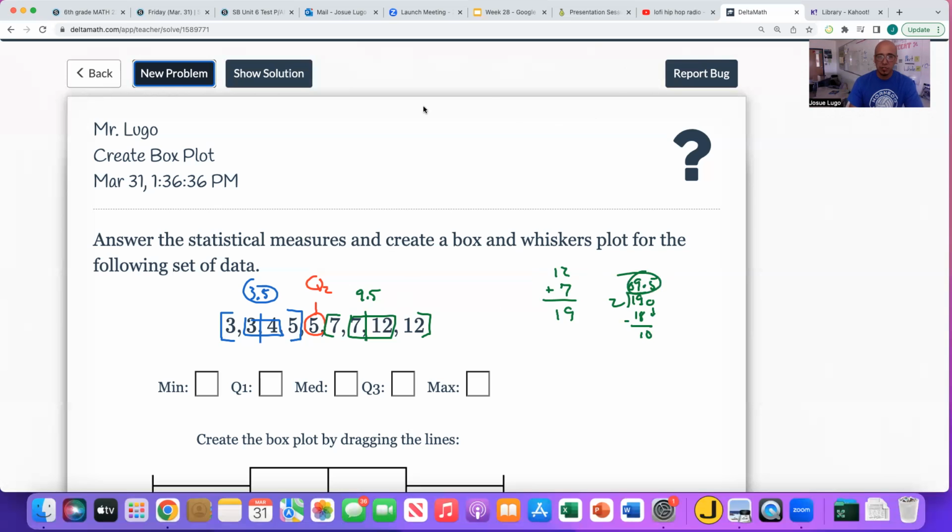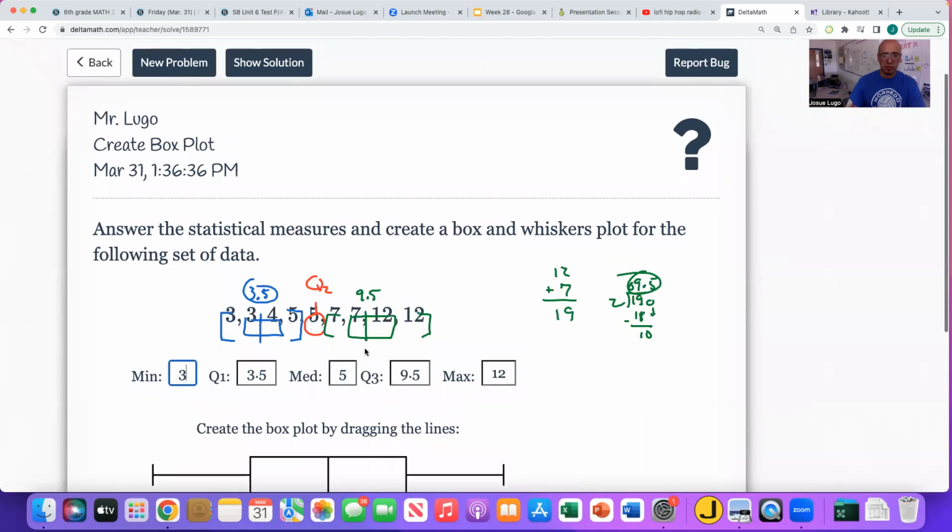All right, now let's just put in the data. My median is 5. My Q1 is 3.5. My Q3 is 9.5. My maximum is 12. My minimum is 3. All right, so now let's just move the box plot around.